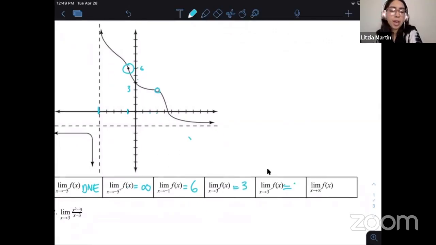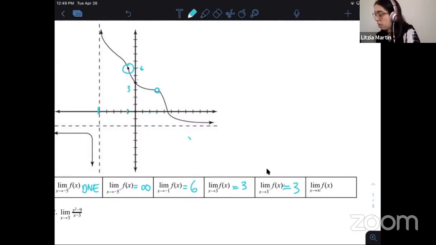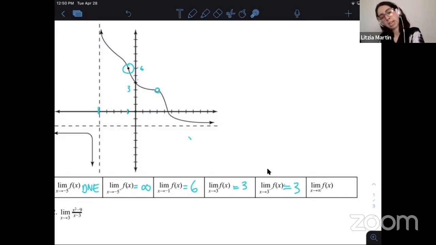And lastly, the limit as x approaches infinity. So here's our x-axis. X is approaching infinity, so I follow the function. As my x's get bigger, my y value is not going to go any lower than this value here, where we have a horizontal asymptote at -2.